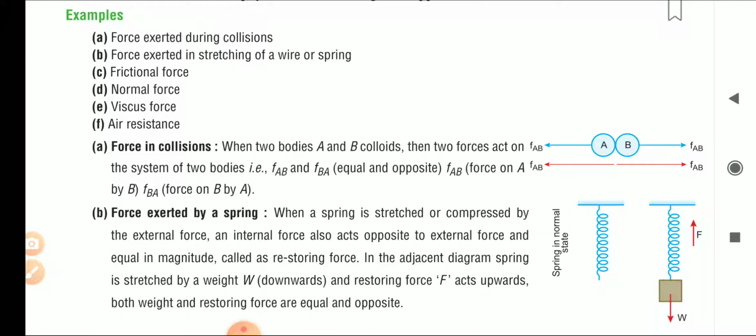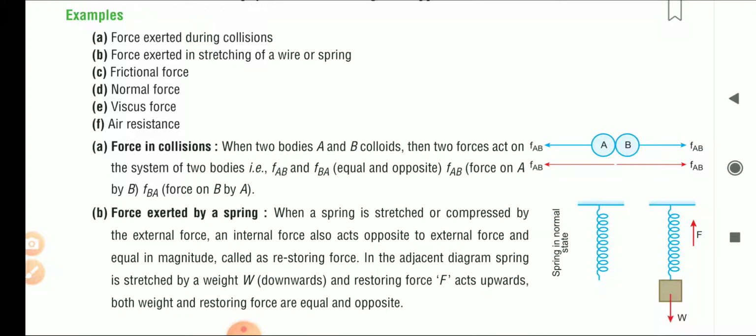The first one is experiencing a force by the second one. In the second case, if we write FBA, then B is being exerted by a force from the first one, that is A. These are the basic concepts of FAB and FBA, force in collisions.